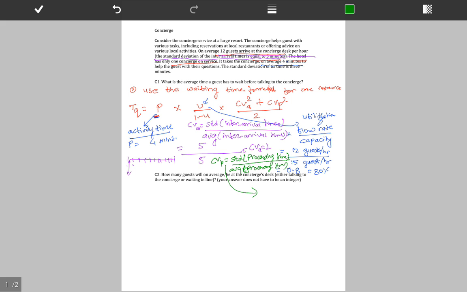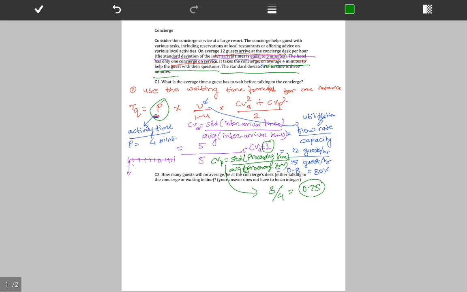The standard deviation of processing time is given to you as 3 minutes, and the average processing time is 4 minutes. That's the number we calculated here. So 3 divided by 4 equals 0.75. So we have CVA equals 1, and CVP equals 0.75.